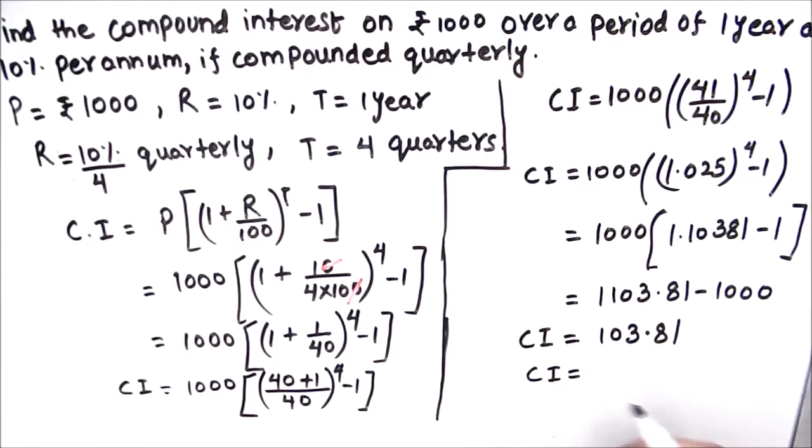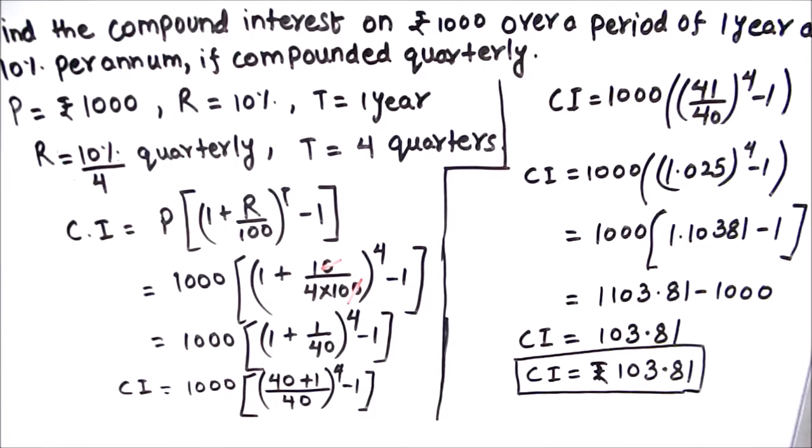So the quarterly compound interest is rupees 103.81. So this is how you can find the quarterly compound interest.